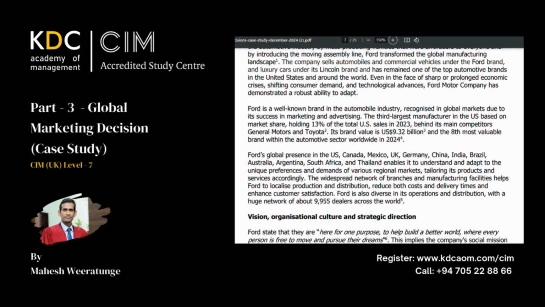So the last paragraph says Ford's global presence in the US, Canada, Mexico, UK, Germany, China, India, Brazil, Australia, Argentina, South Africa, and Thailand enables it to understand and adapt to the unique preferences and demands of various regional markets, tailoring its products and services accordingly.